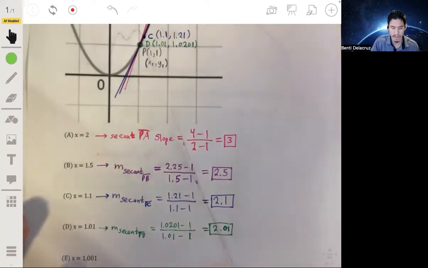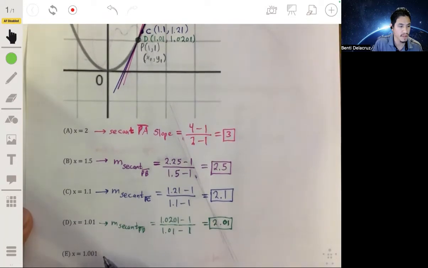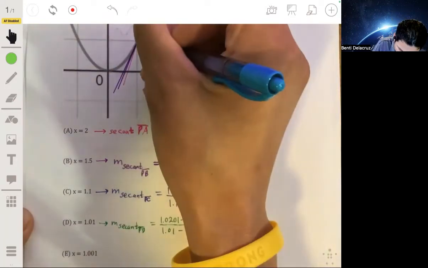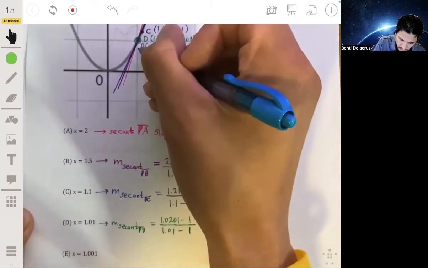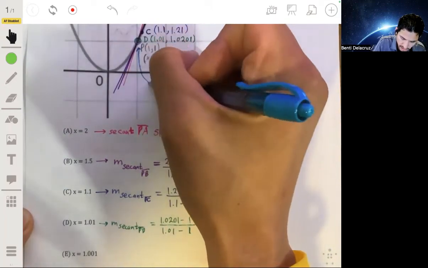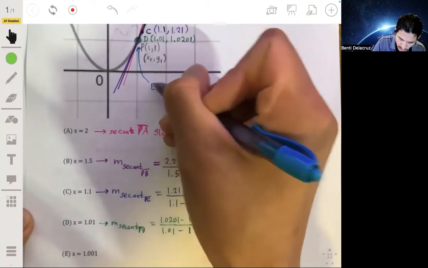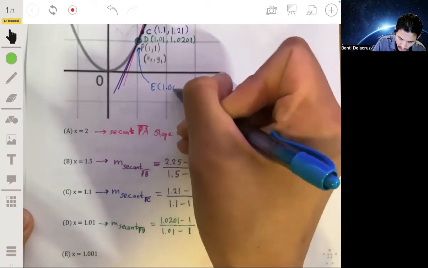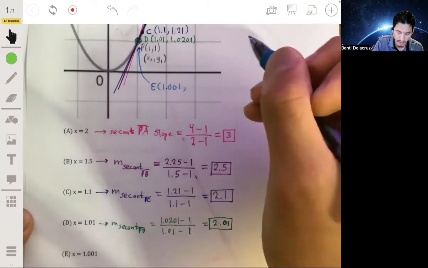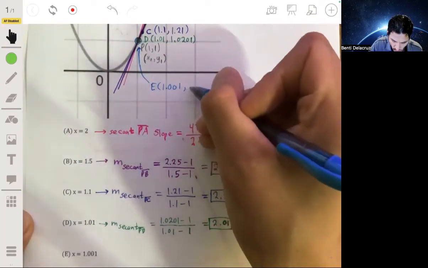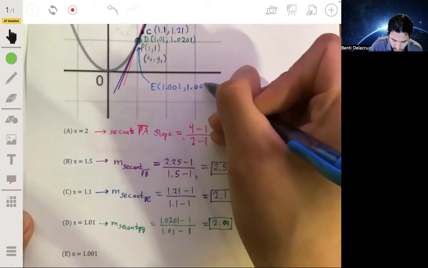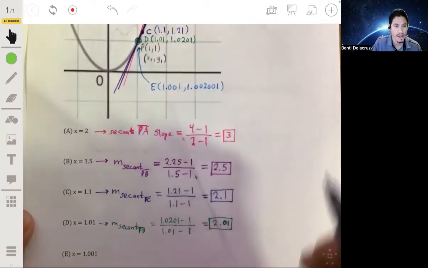And we'll do one more. Through x is 1.001. And let me write this down here. So point E, 1.001, comma 1.001 squared. You'll get 1.002001.